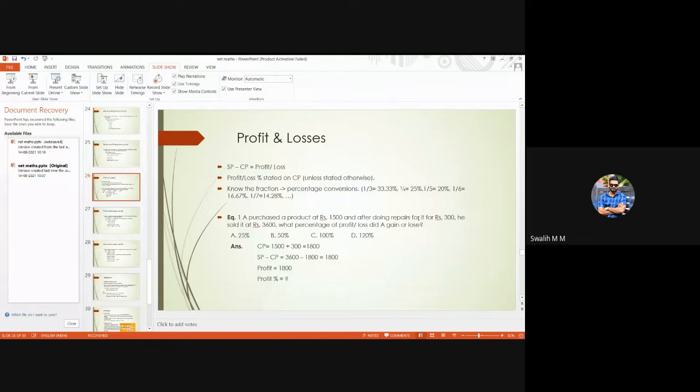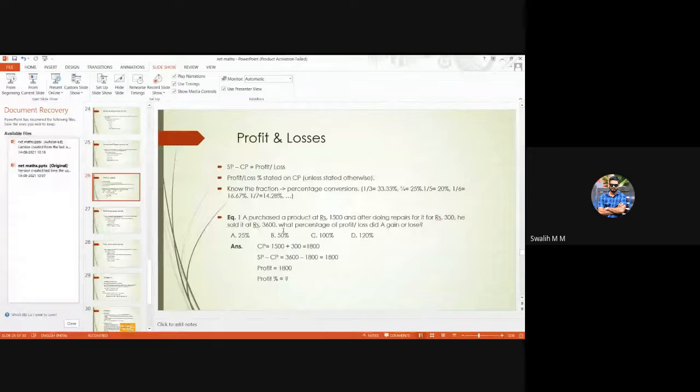Profit percentage. When we suddenly see 1,800, you might jump and write 50%. But remember, profit percentage is always in terms of cost price. So 1,800 in terms of cost price 1,800, that is 100%. The answer is 100%.